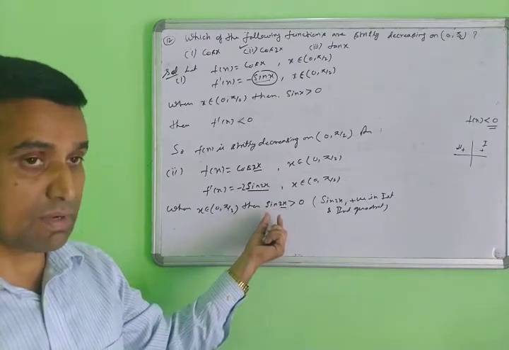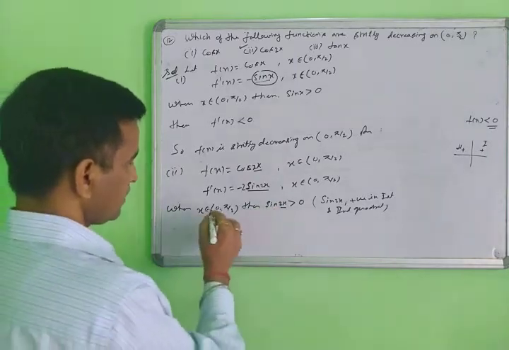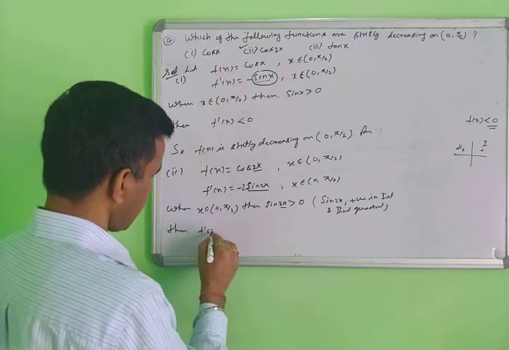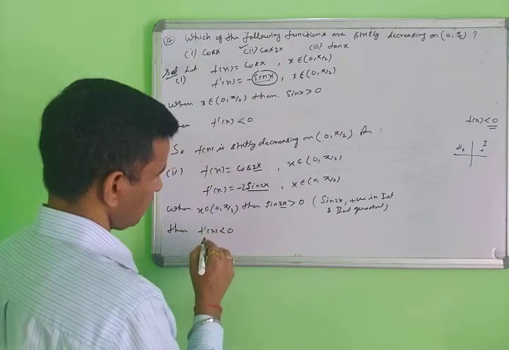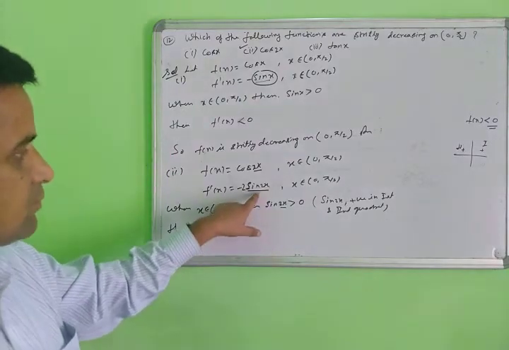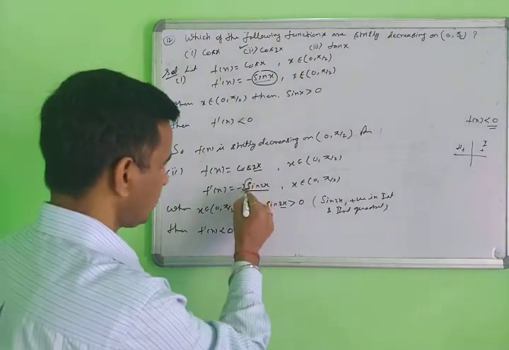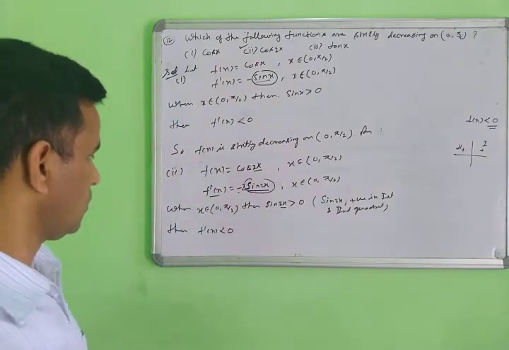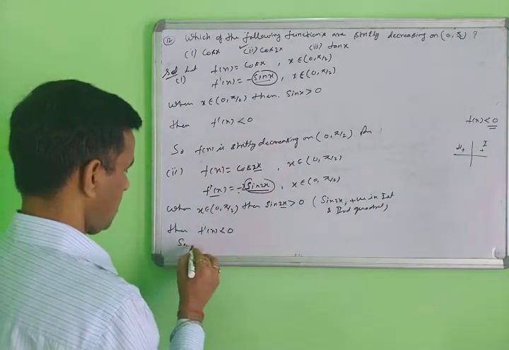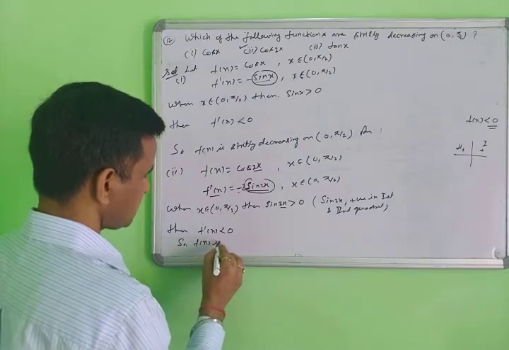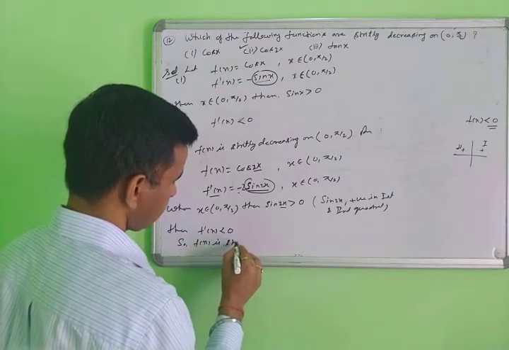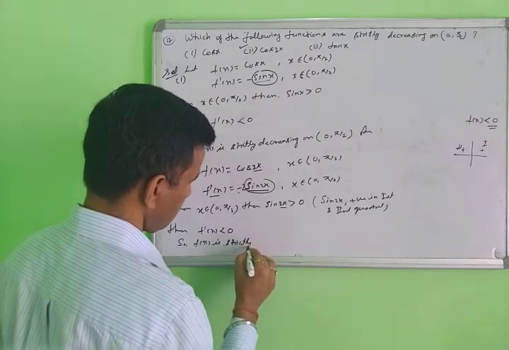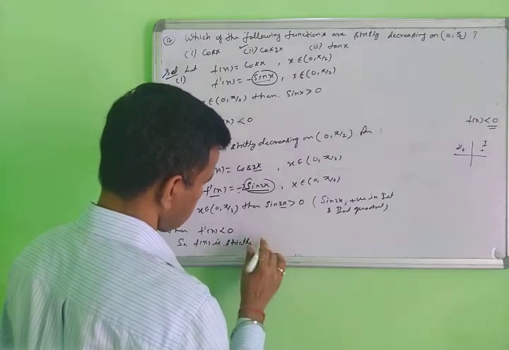Keep this in mind. So f dash x is less than 0, because sin 2x is positive and the sign is negative. So f x is strictly decreasing.